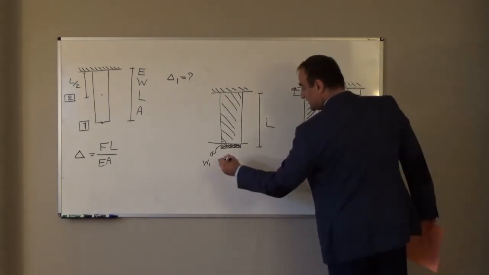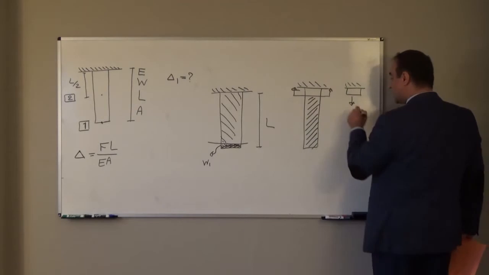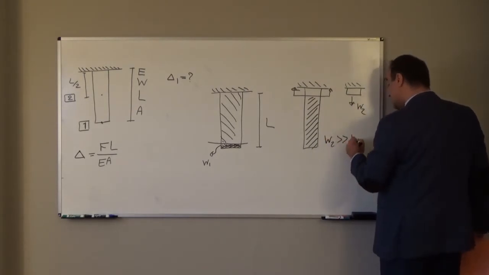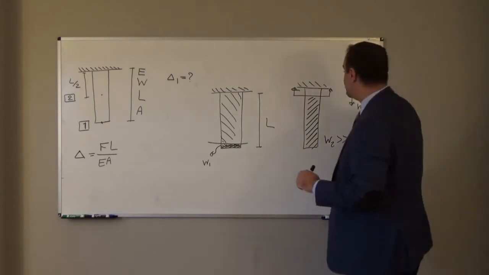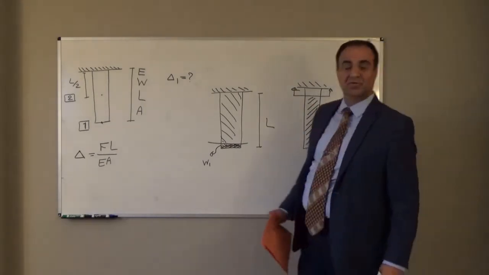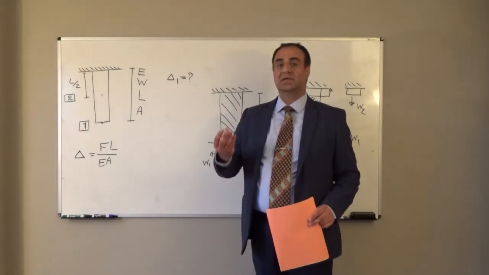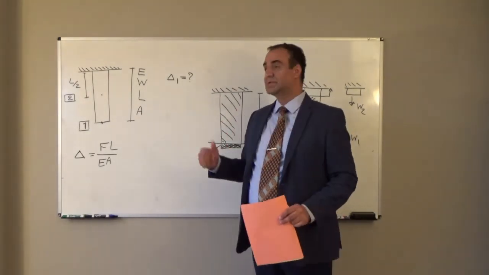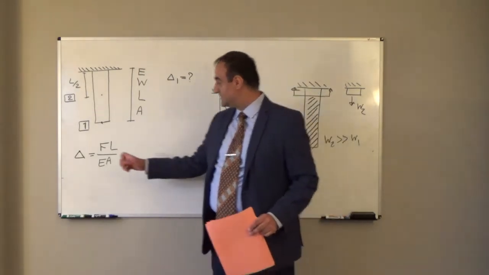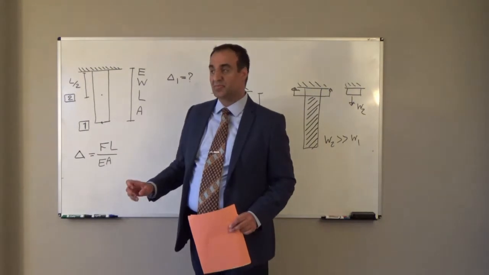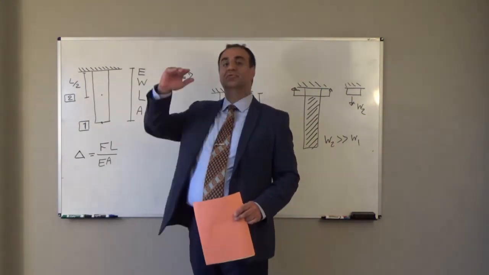So this is W1, this part is W2, and W2 is much bigger than W1. And finally, very close to the support, the weight is total rod weight, equal to W. So in this formula, F is not constant anymore. It varies from 0 to W.